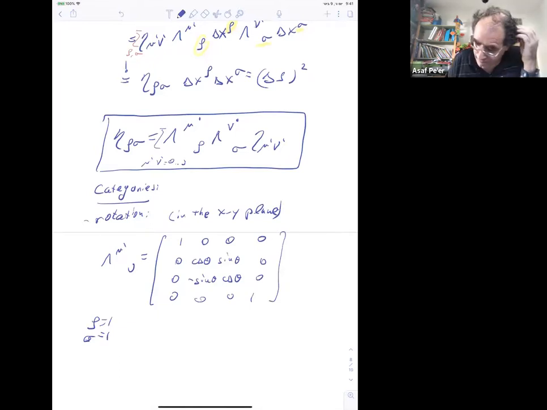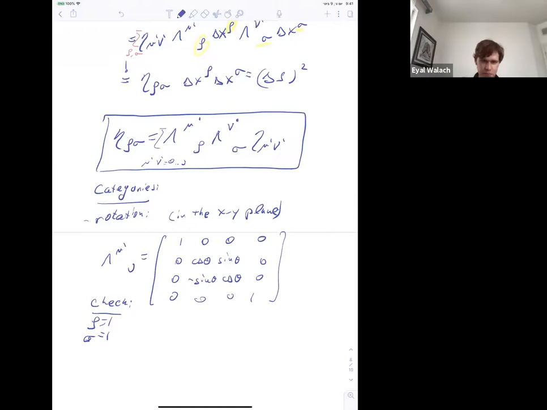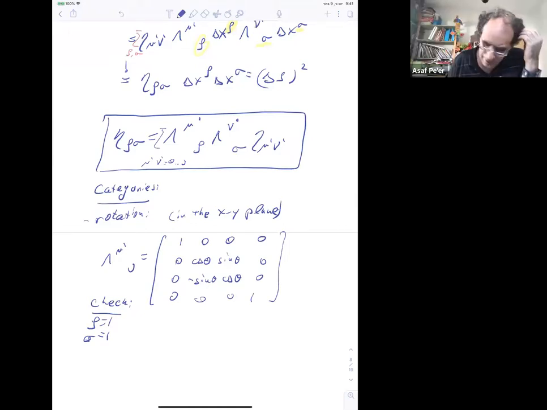So what is eta 1, 1, or g 1, 1? It's minus 1.